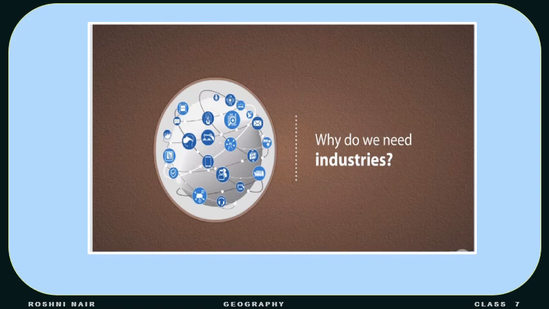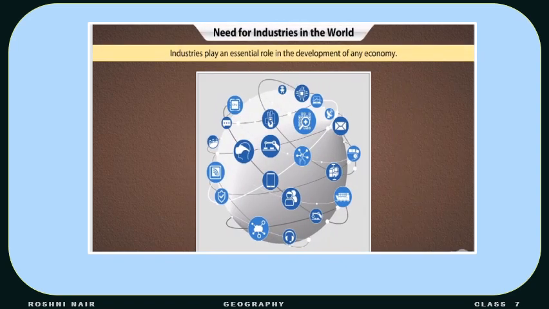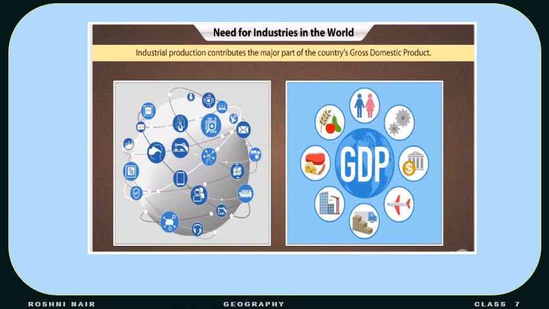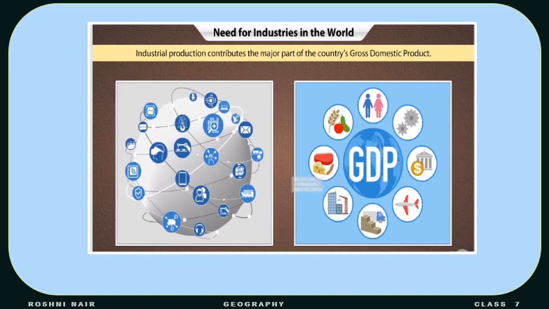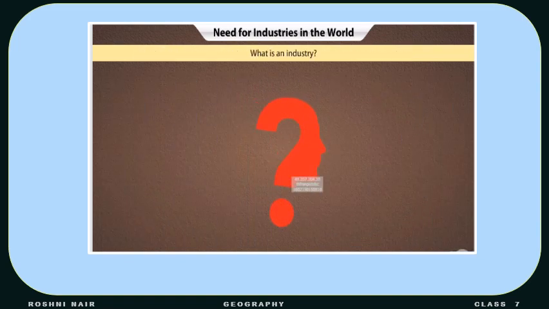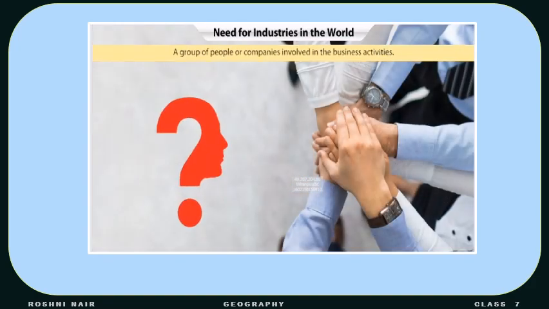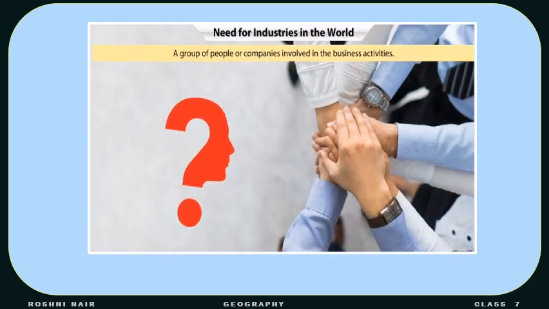Why do we need industries? Today, industries play an essential role in the development of any economy. In most economies, industrial production contributes the major part of the country's gross domestic product. So, what is an industry? Industry refers to a group of people or companies involved in business activities.